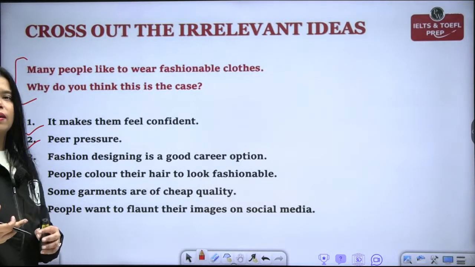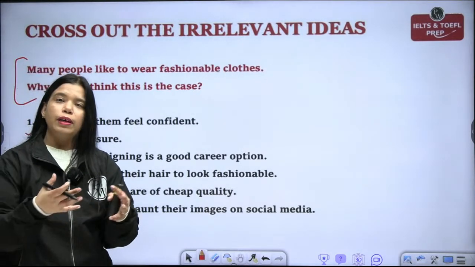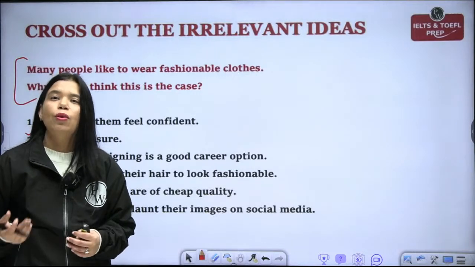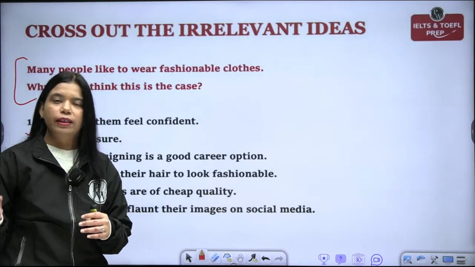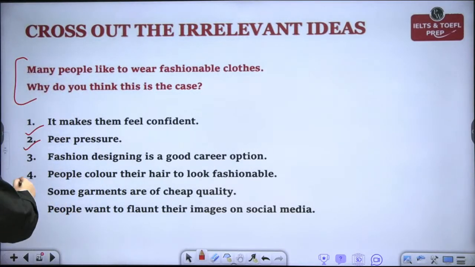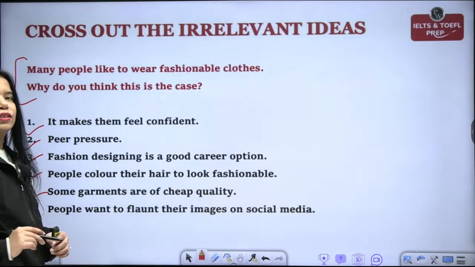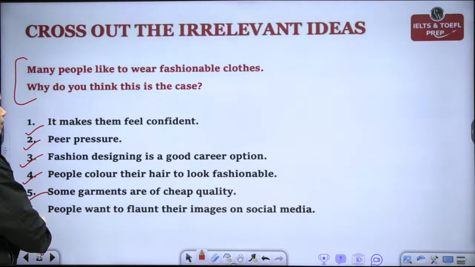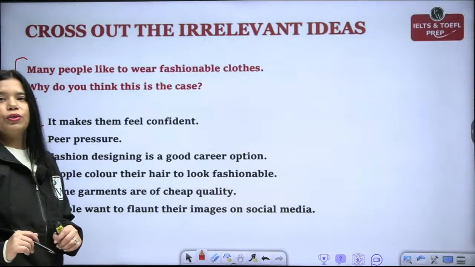Peer pressure क्या हो रहा है? क्या होता है? Friends में and relatives में अगर किसी ने fashionable clothes पहने, then you also feel like, being at par with them. That is peer pressure. Fashion designing is a good career option. People color their hair to look fashionable. Some garments are of cheap quality. People want to flaunt their images on social media.